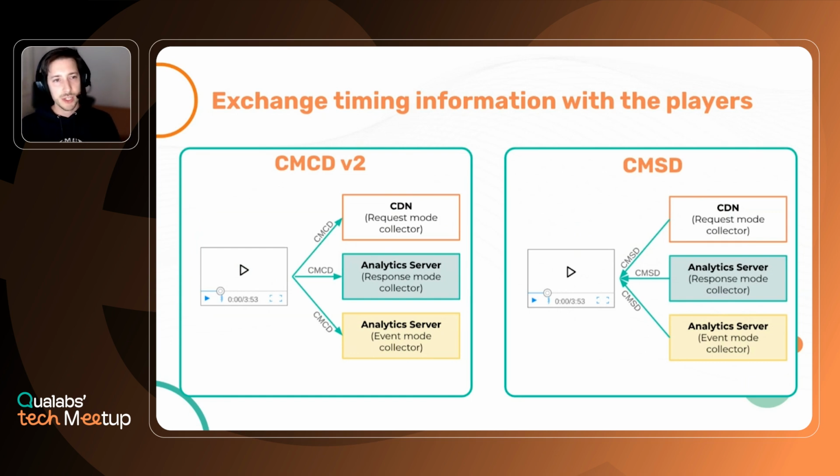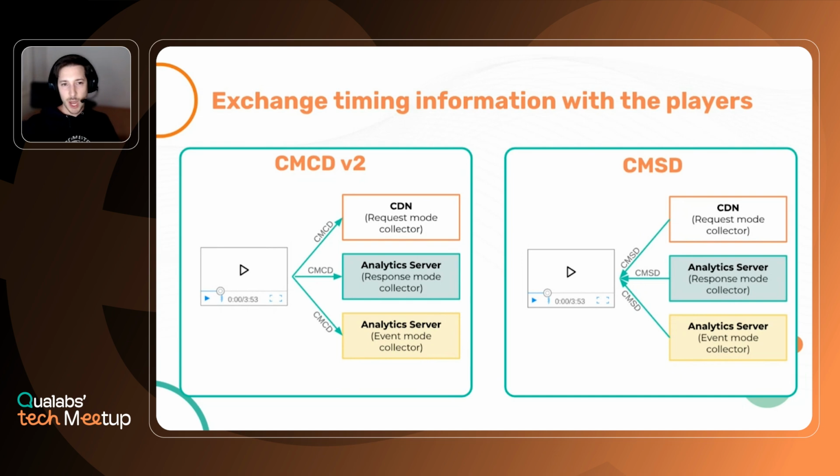Then we need to exchange the information. And if you remember from the previous talk, we have talked a lot about CMCD version 2, which is now able to send information not only to the CDN, but also to third-party analytics servers. And on the other hand, we have another standard. It's called CMSD, Common Media Server Data, which is like a cousin of CMCD.